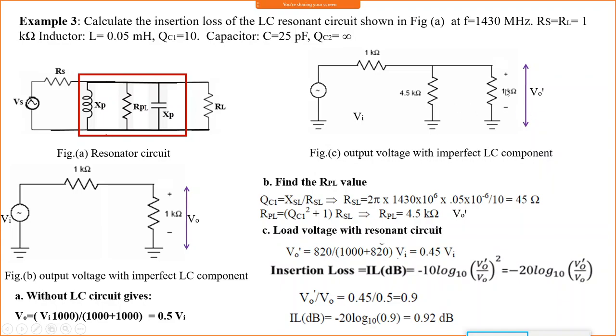So we are finding voltage across it. That means 820 ohms multiplied by current.